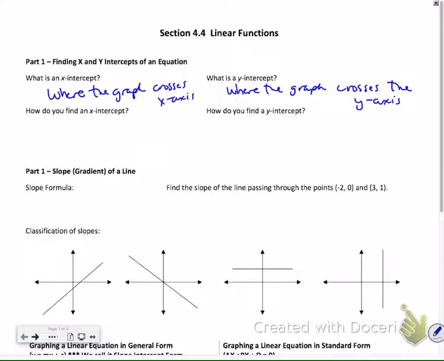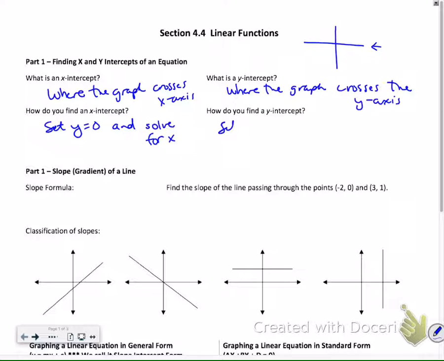Now this is the same for any function. We're talking today just about linear functions, but this will be the same for any of them. You're going to set y equal to 0 and solve for x, because then you'll get an x equals. It's going to cross the x-axis when your y is equal to 0. And if you think about that, when is it going to cross the x-axis? Well, it's going to be when your y is 0.